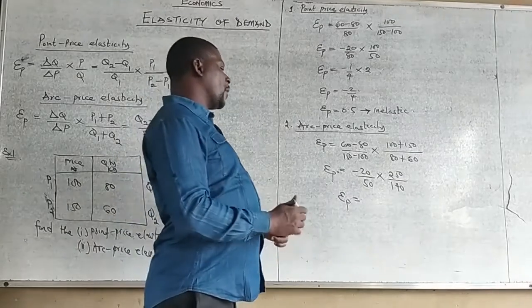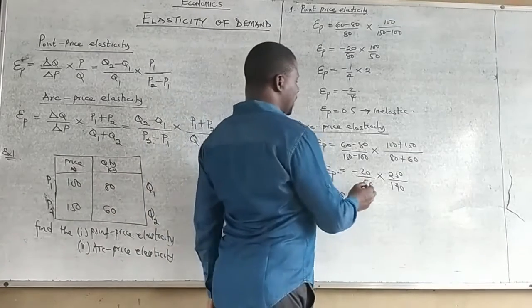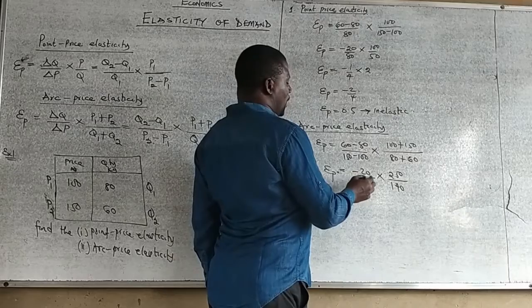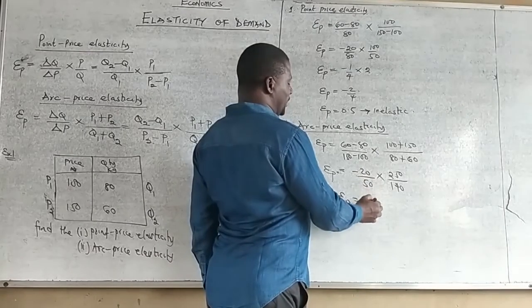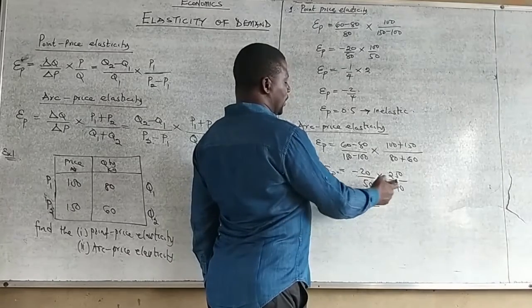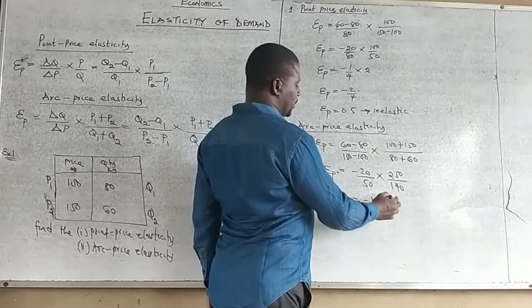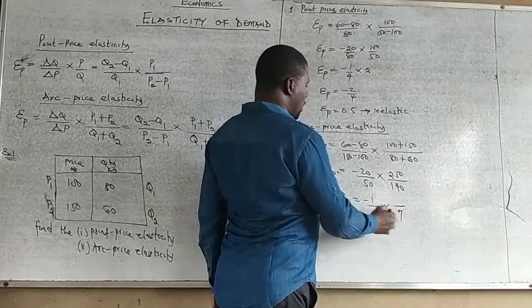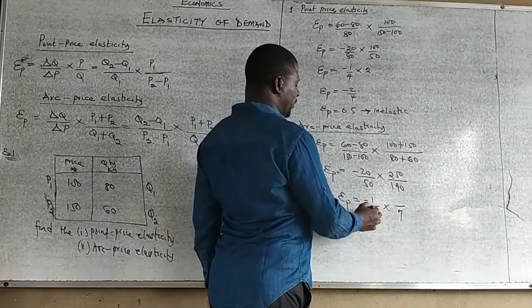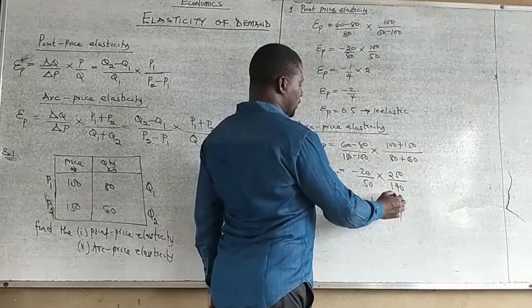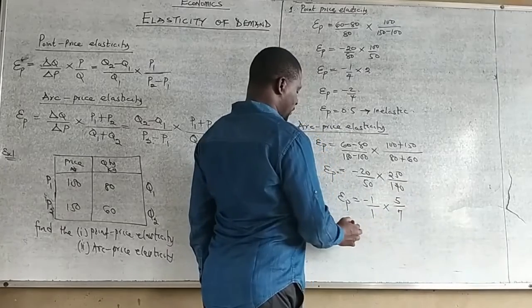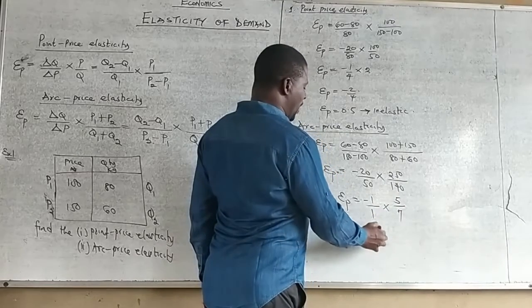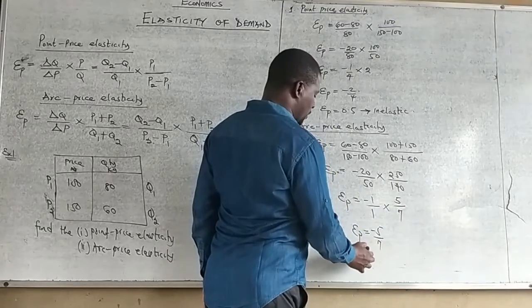So give me the figures. Here I can say, how many 20 can I see in 140? That is 7. How many 50 can I see in 250? That is 5. So eventually I will have minus 5 over 7.